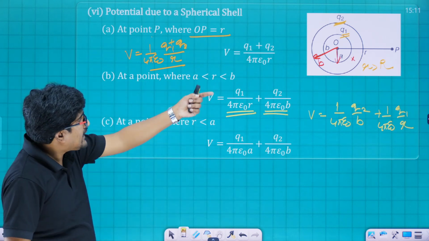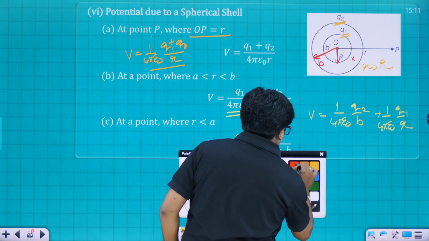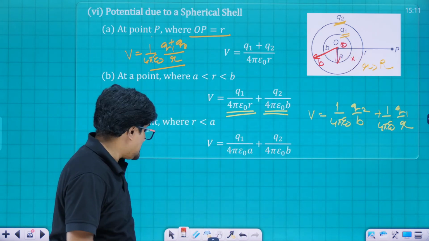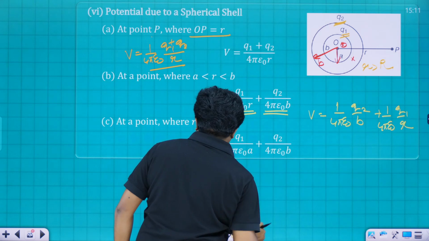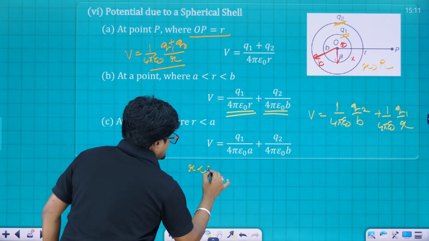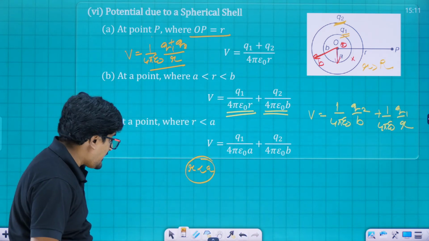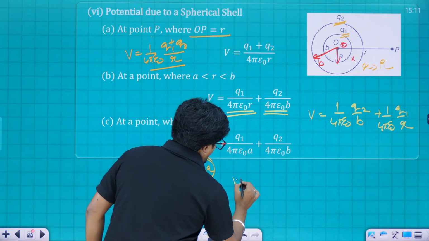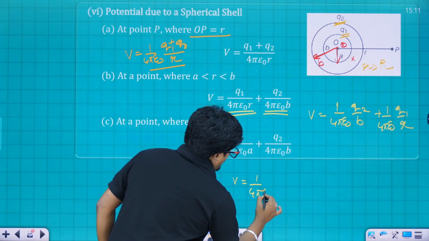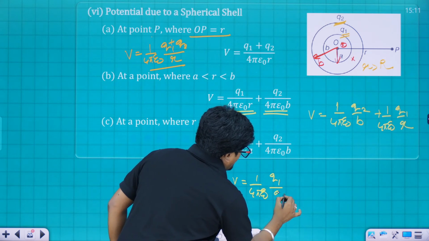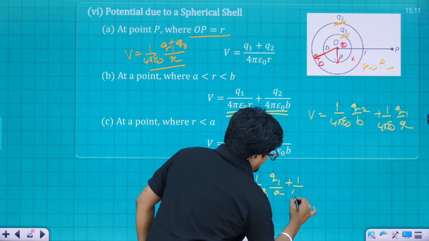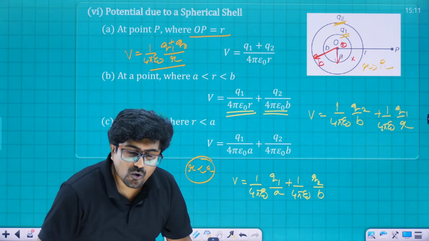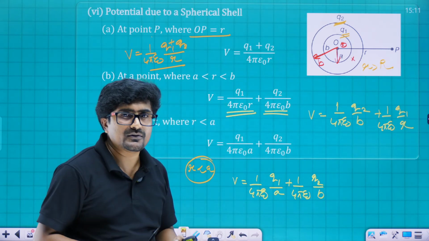And if it is again inside, somewhere inside here, that means small letter r this time is less than a, then we are going to have the expression V equals 1 divided by 4 pi epsilon naught Q1 divided by A plus 1 divided by 4 pi epsilon naught Q2 by B. No need to worry about how to memorize all these things.